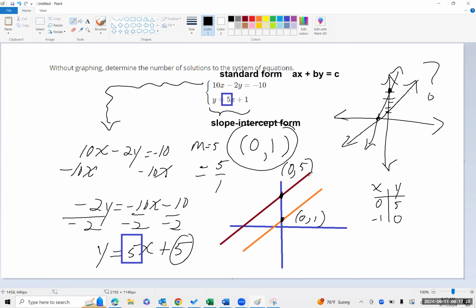And therefore, because they don't intersect, there is no solution. The solution is the intersection point where they meet. Because they're parallel, these lines will never meet, and therefore there's no solution.